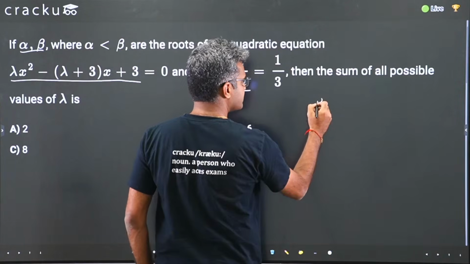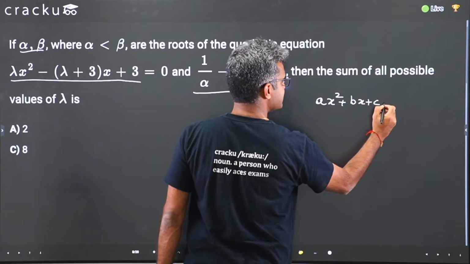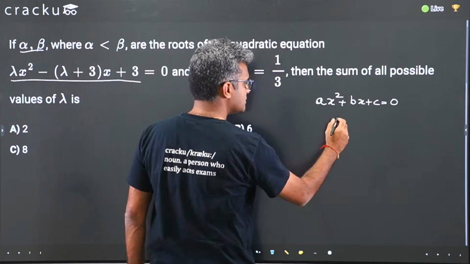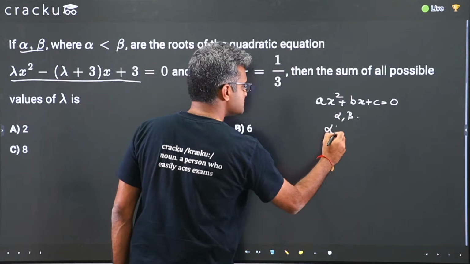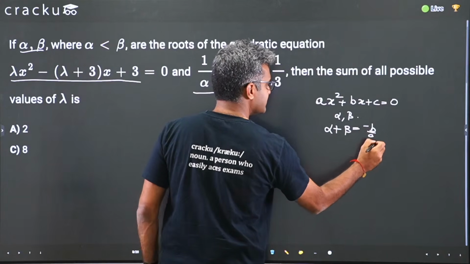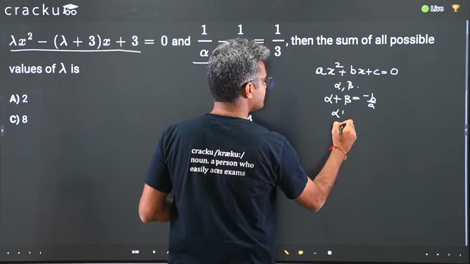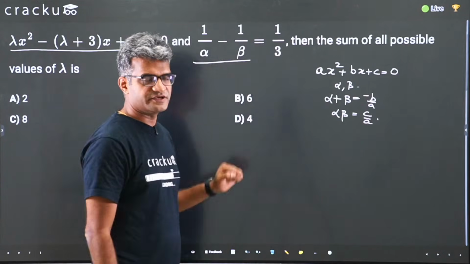If you are given a quadratic equation like ax square plus bx plus c is equal to 0, and you are told that the two roots are alpha and beta, what is the sum of the roots? Sum of the roots alpha plus beta is minus b by a, and the product of the roots alpha into beta is c by a. This is what we know about quadratic equations.